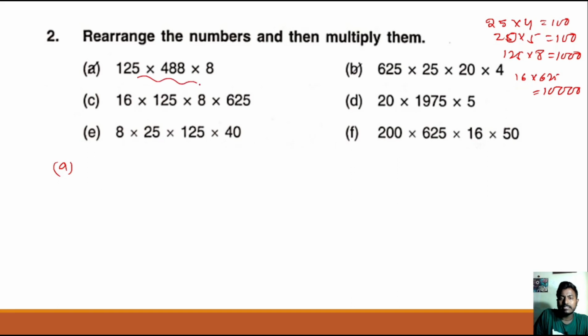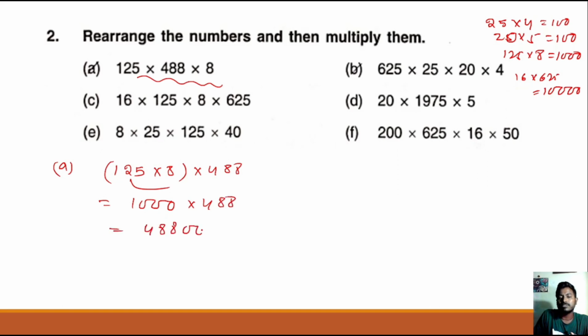We can rearrange this as 125 into 8, then 488. Any doubt? Now we know that 125 into 8 is 1000, into 488, now we multiply orally, that is 488000. Okay, now B number, first rearrange 625 into 20.